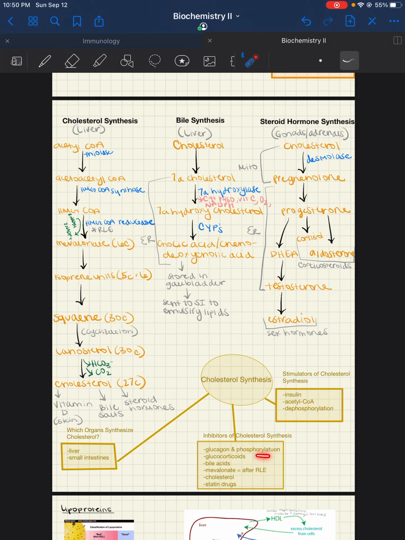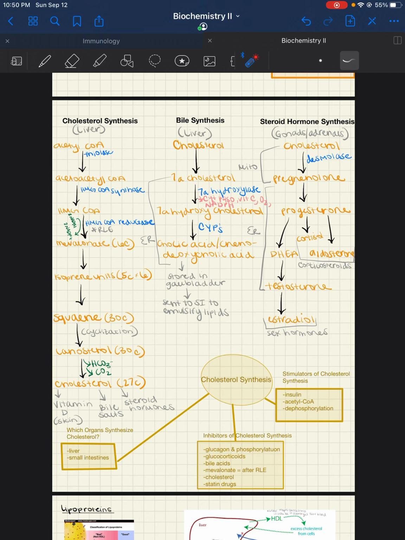Inhibitors of cholesterol synthesis are glucagon and phosphorylation, because cholesterol synthesis is a fed state pathway. Glucagon and phosphorylation are fasting and starvation state hormones, so those won't be high right now.